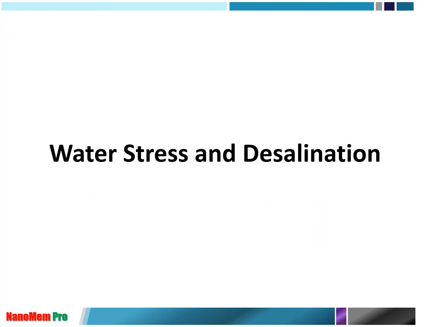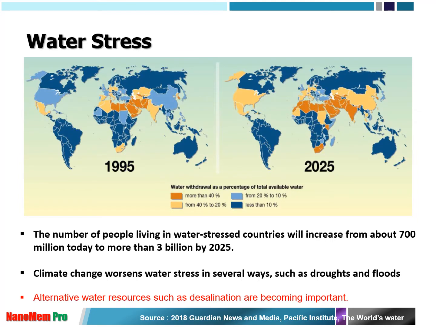Water stress and desalination. The number of the people living in water-stressed countries will increase from about 700 million today to more than 3 billion by 2025. Climate change worsens water stress in several ways, such as droughts and floods.